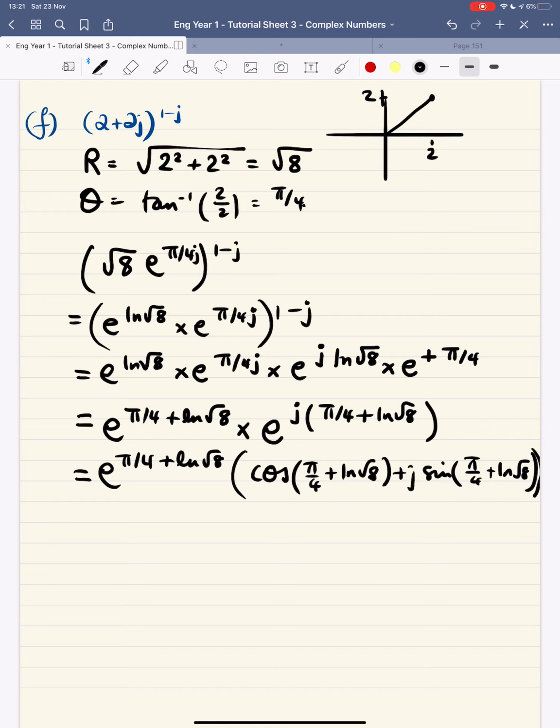No, I don't. Pi by 4 plus ln root 8, and close the bracket. I don't think I did before. On the outside, 6.2035327, etc.